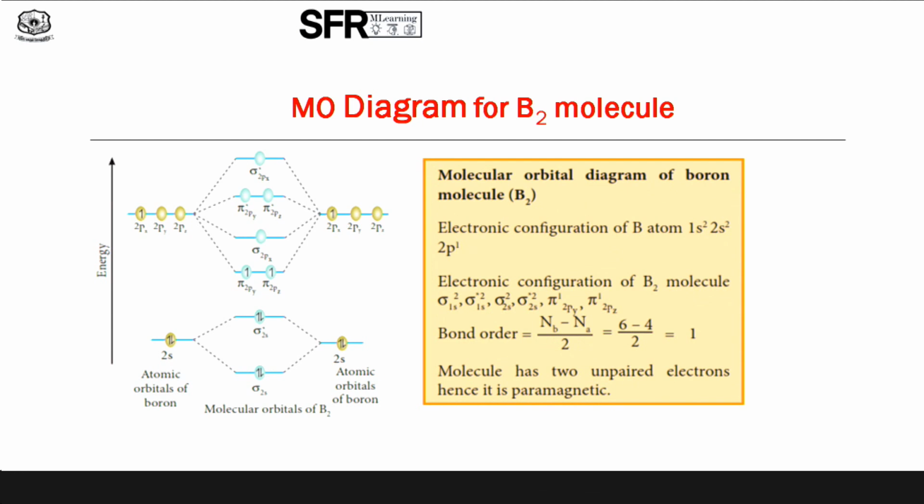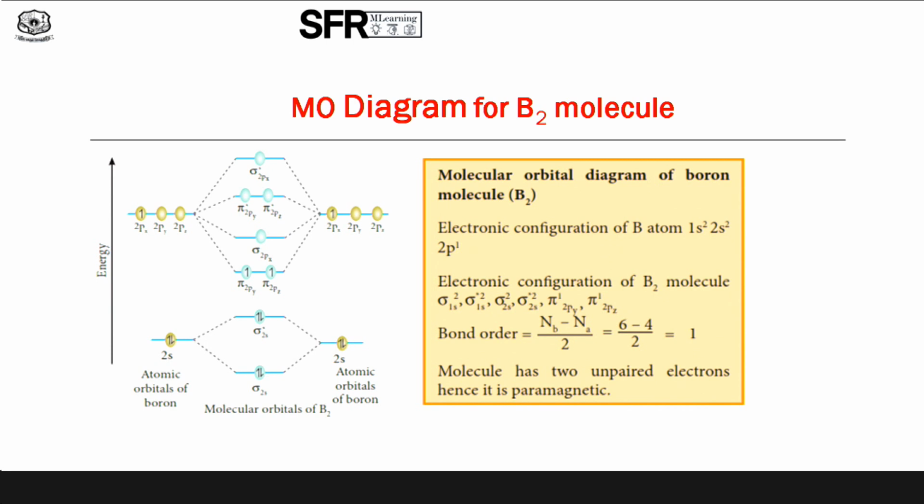We already know that the p orbital has 3 orbitals at a degenerate energy level, that is, all 3 are at the same energy level: px, py, pz. But only one electron is present in the 2p orbital of each boron atom.